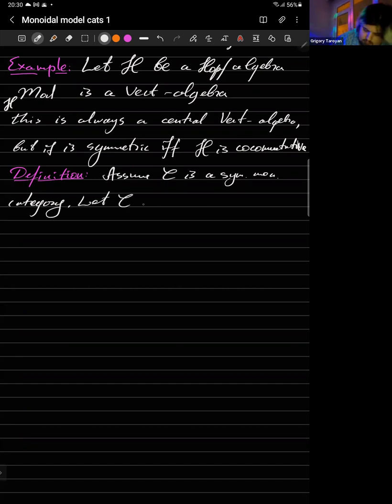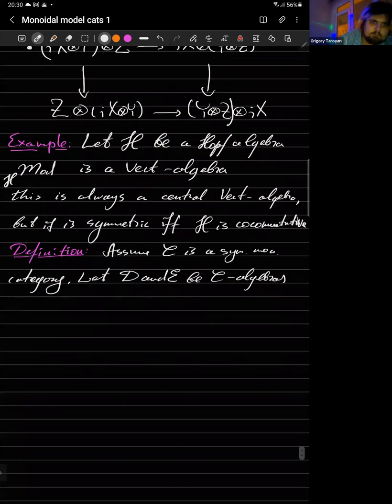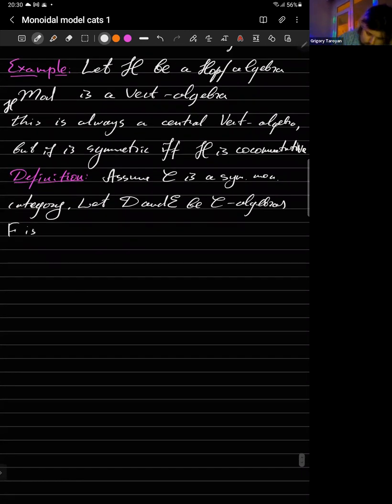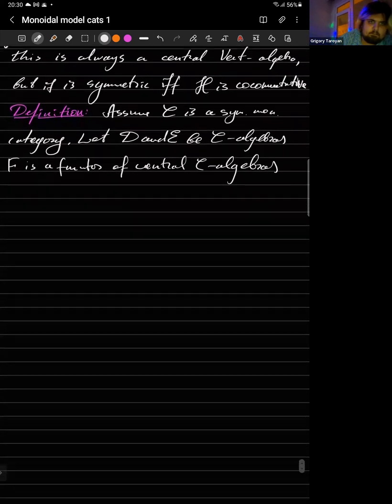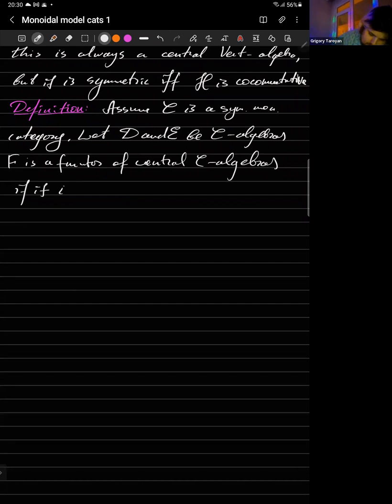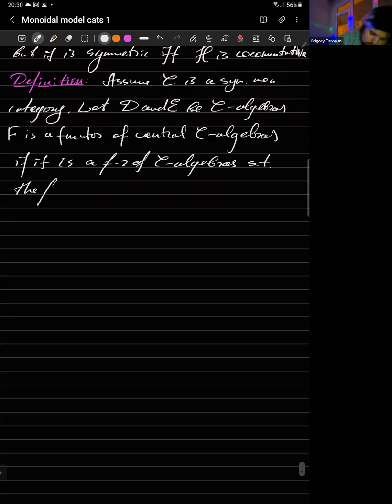A functor F between central C algebras is a functor of central C algebras if it is a functor of C algebras such that the following diagram is commutative.